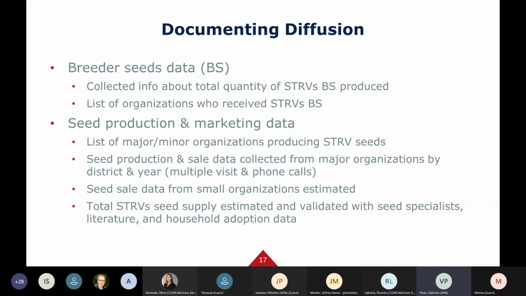There were many of them, and in many cases, we just had to estimate that. But the major organizations producing the STRV represent up to 80% of the total. So the total seed supply that was estimated at the end was validated by several seed specialists, and also we used the literature and also the household adoption data.